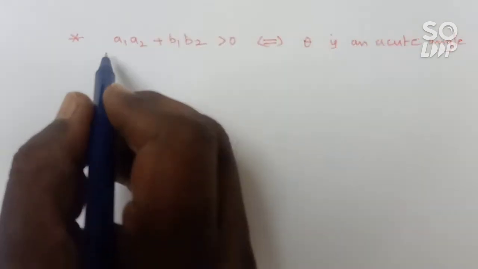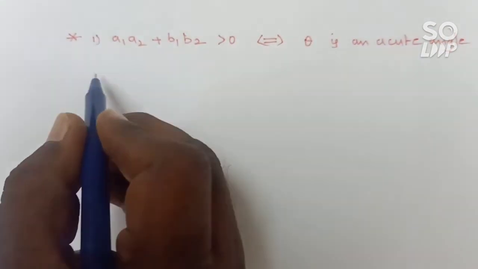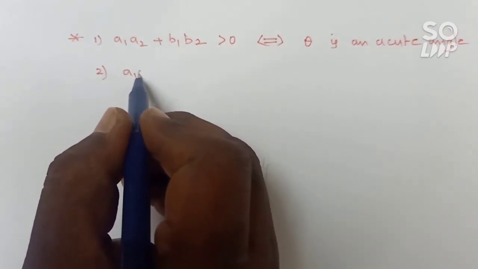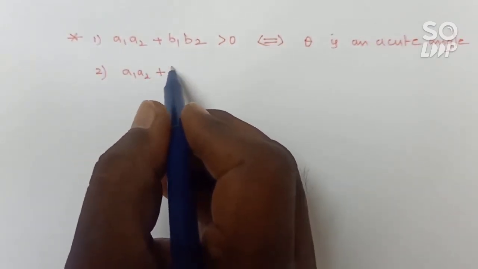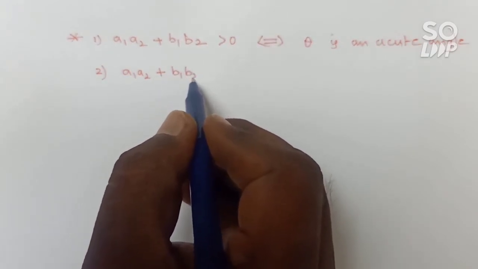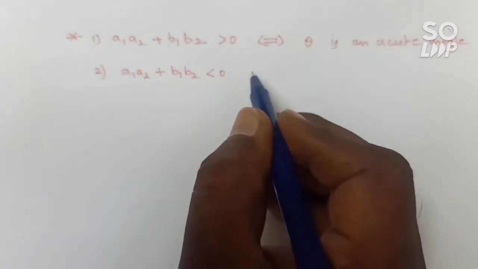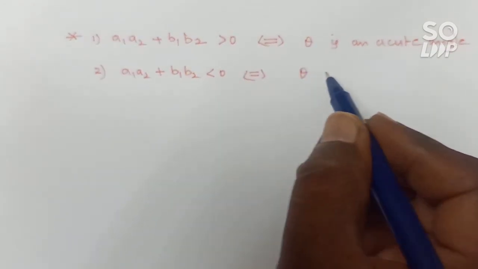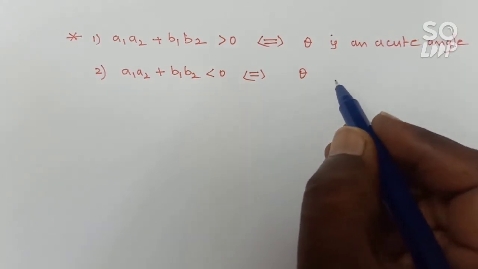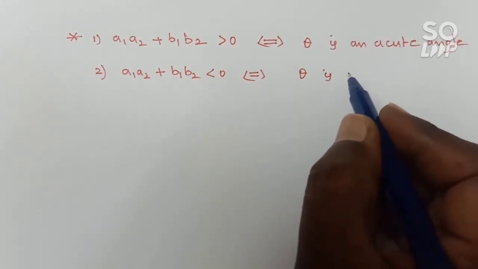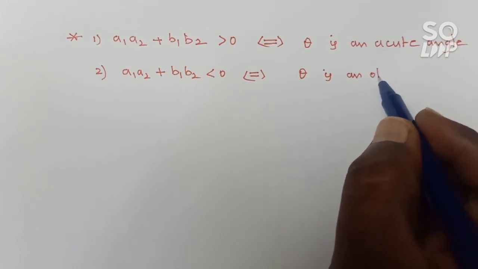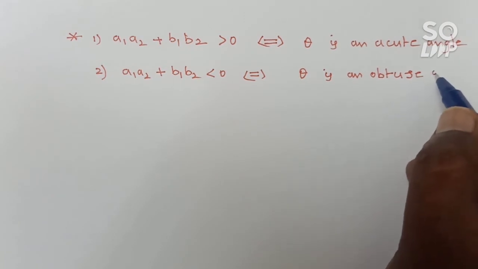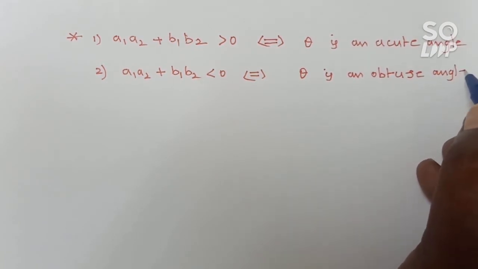Now this is the first point. The second point is a1 into a2 plus b1 into b2 is less than 0 if and only if theta is an obtuse angle, right?